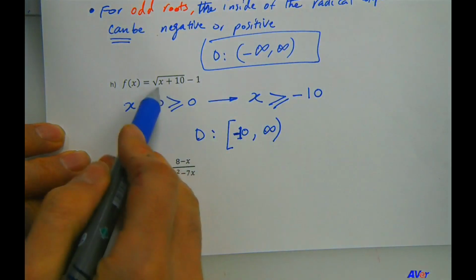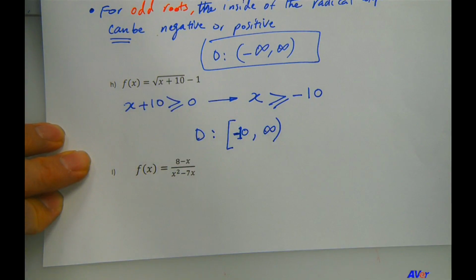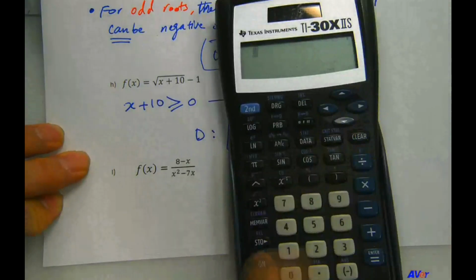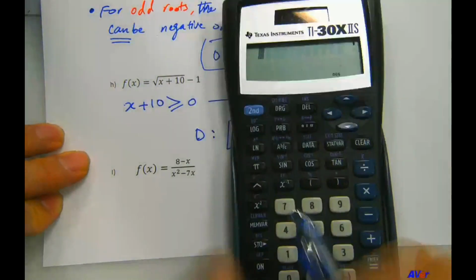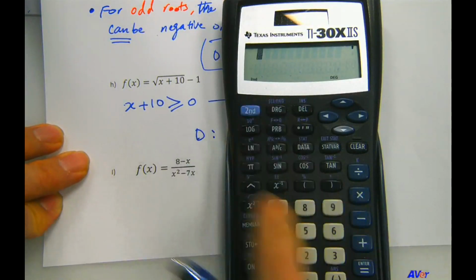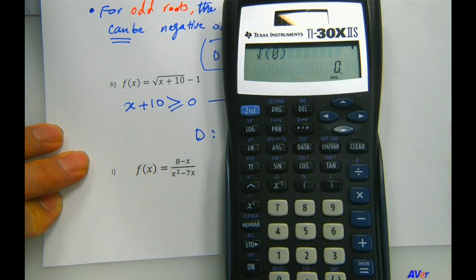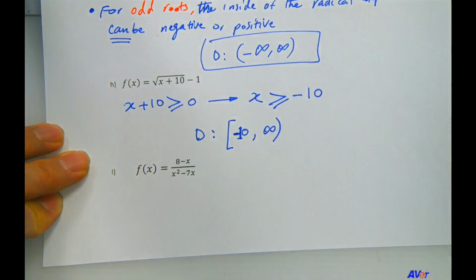A bracket means that negative 10 is part of the domain, is part of the solution. Because if you plug in negative 10 plus 10, you end up with square root of 0. Square root of 0 is 0, right? We can test it. I mean, it's defined. It's just 0, but it's defined. So we can take square root of 0. What do we get? We get 0. So it is defined.